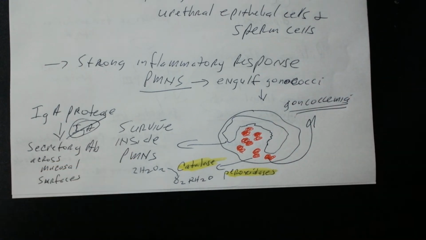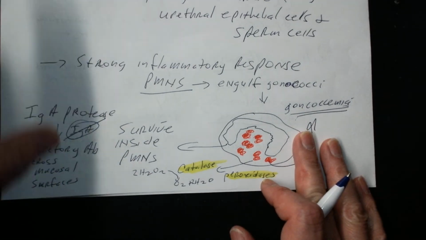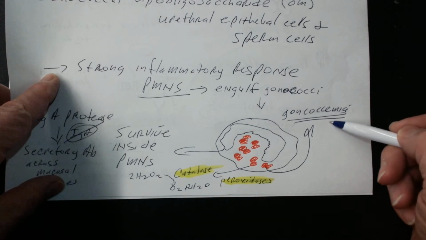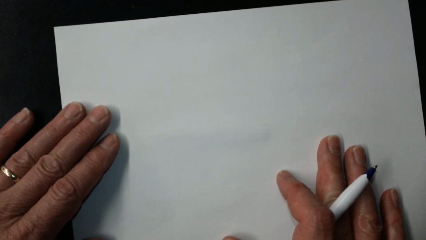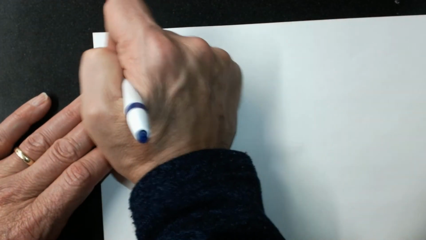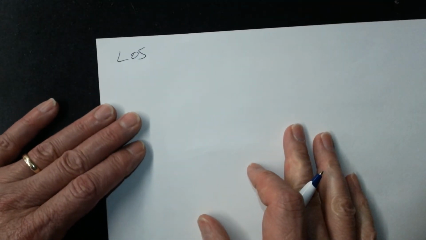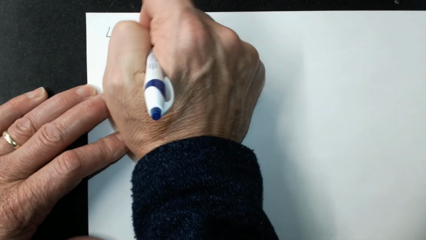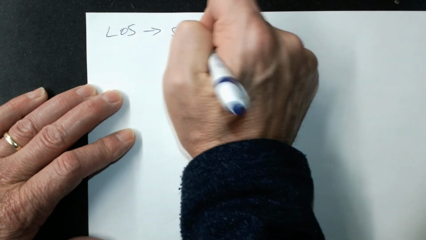Now from here, the Neisseria gonorrhea can disseminate to lots and lots of different organs. So the lipo-oligosaccharide can generate a very widespread immune response, leading to sepsis.